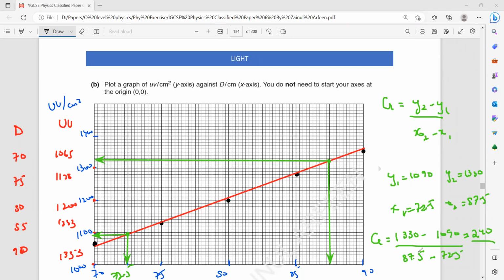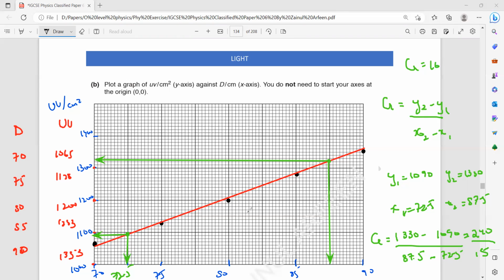And the denominator: 87.5 minus 72.5 is 15. So 240 divided by 15 is 16. So the value of the gradient is equal to 16.